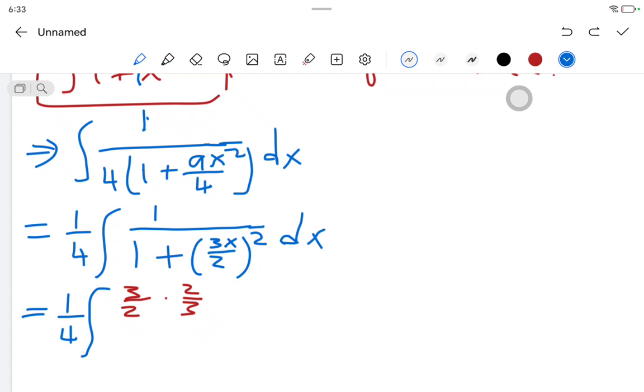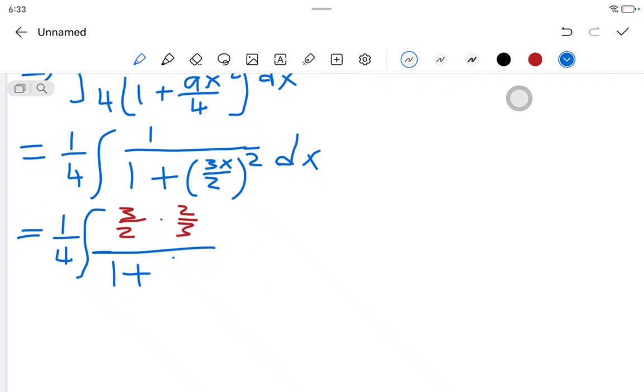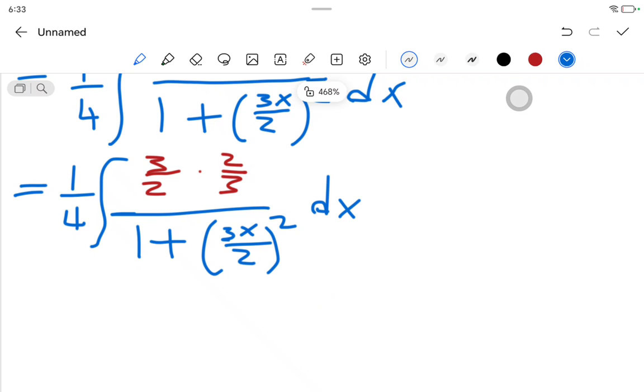You see, right? Now this is 1 plus 3x over 2 all squared dx. Now we take this one, which is the opposite of this, and multiply it with this one. Then leave the other one. You see, right? This one will just be there. It won't affect us anyway.